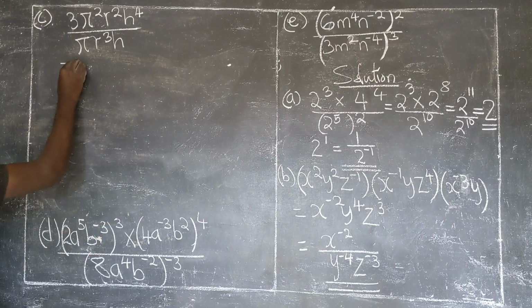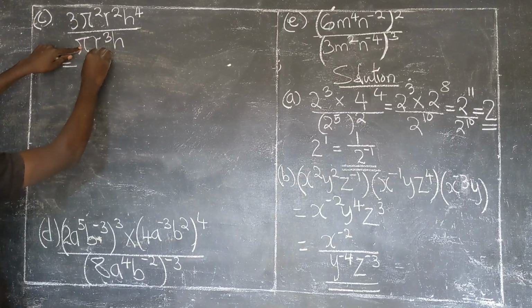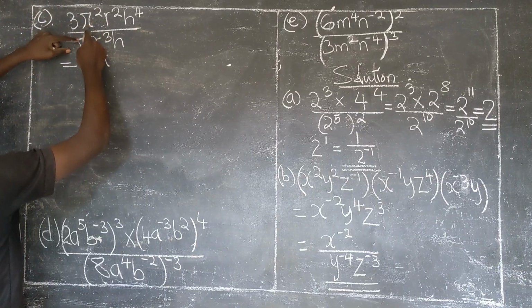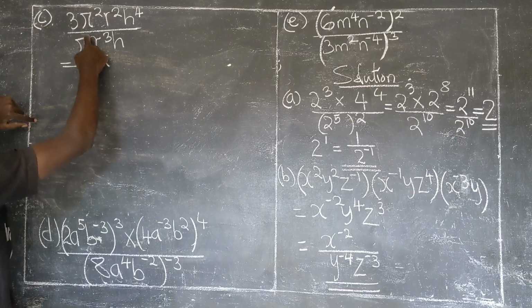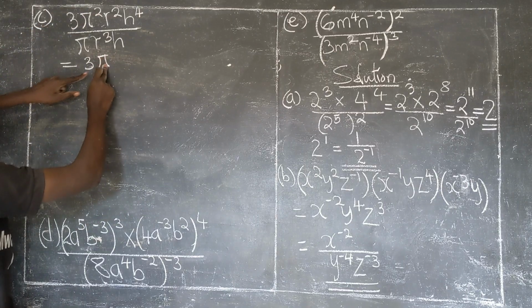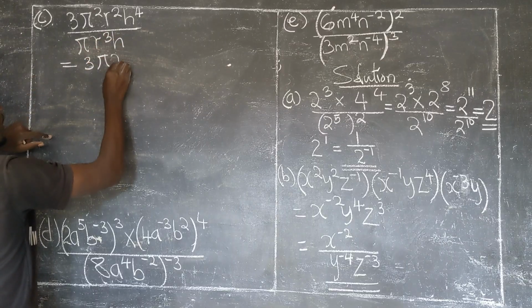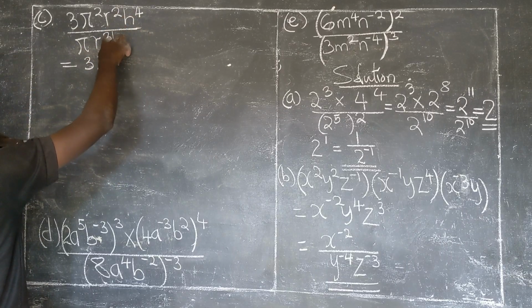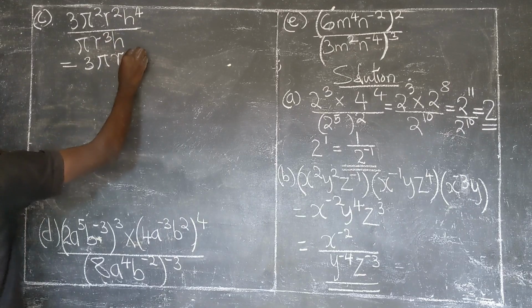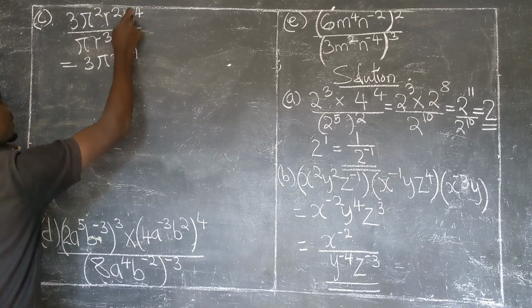This is going to be equal to, here we have 3, pi and pi are combined, we write a single pi, and we subtract the exponents as it is division. 2 minus 1, we get 1. Now it remains as pi. Here we have r. R, we subtract the exponents. 2 minus 3, we get negative 1. H, we subtract again the exponents as it is division.